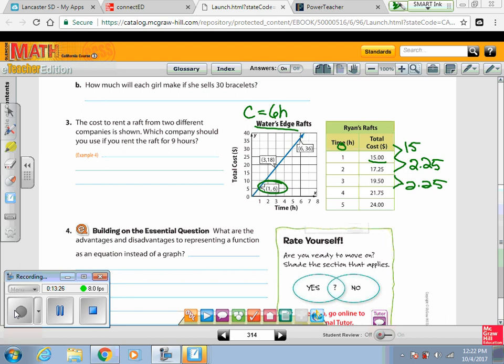Not 15. 0 and 1 is, well, it is 15, but it's actually 12.75 plus 2.25, right? So if it's going up 2.25, what's that 12.75?